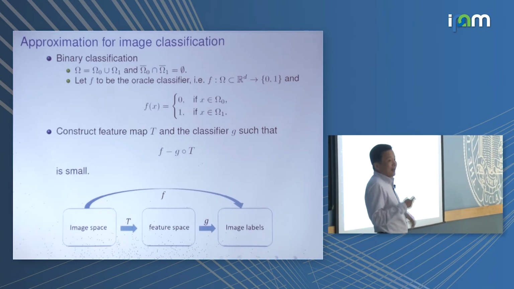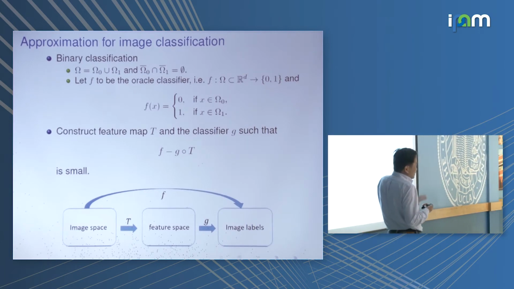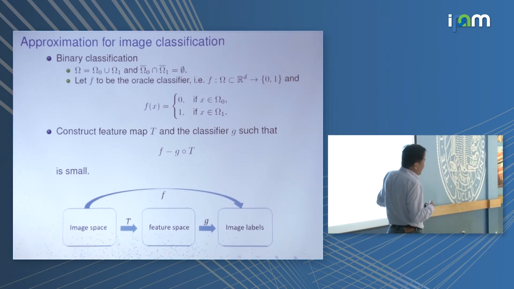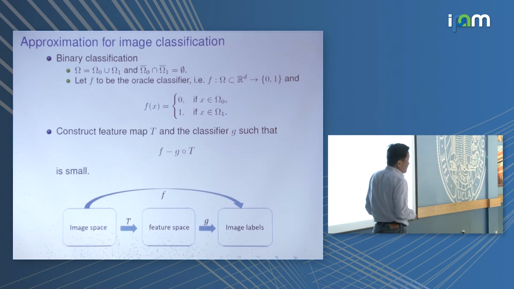Then your underlying function, not your label, is very simple in terms of its range. You want it to be 0 for x in omega 0 and 1 for x in omega 1. That's all your label satisfies. But you only have a label, and you want to find f of x.